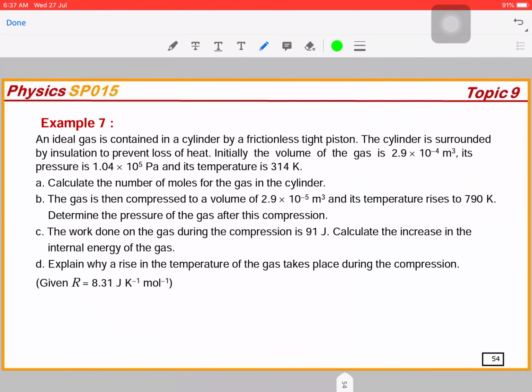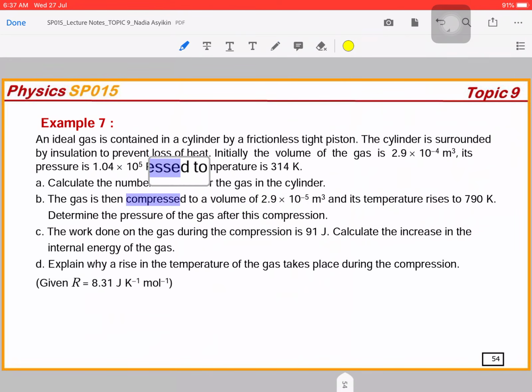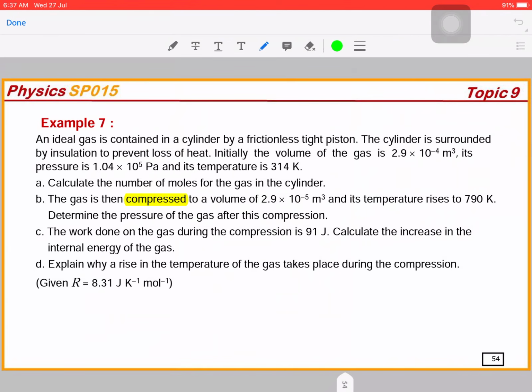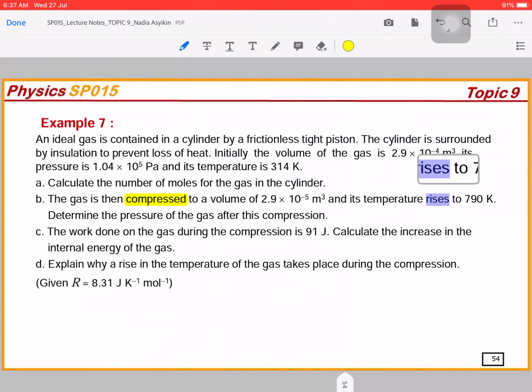Okay, B, the gas is then compressed to volume 2.9 times 10 to the power of negative 5 meter cube. Okay, highlight the word compress kat sini. Okay, and its temperature rises to 790 Kelvin. Determine the pressure of the gas after this compression.